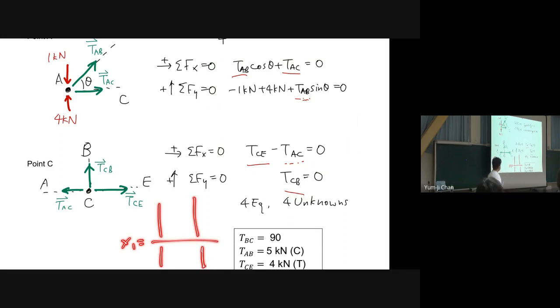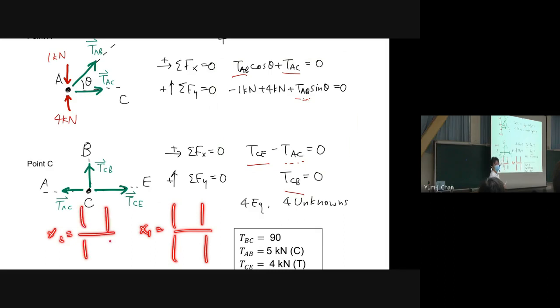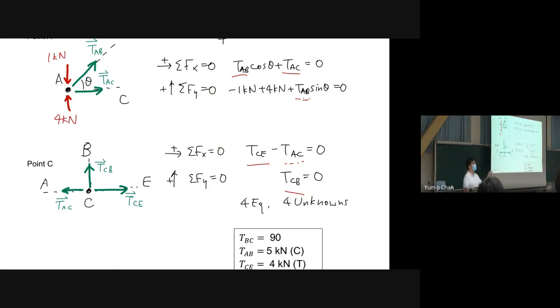Have you learned this at high school to solve equations? Who has seen that? X1 equal to this one over this one, and x2 equals to. Can you raise your hand? One. Other, no. Okay, 2.